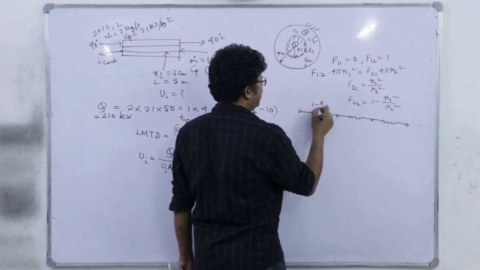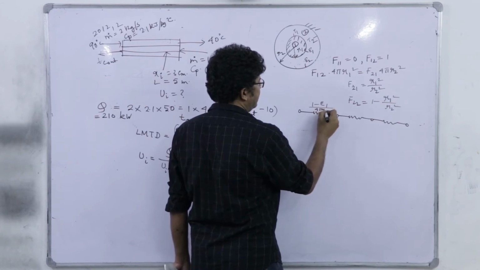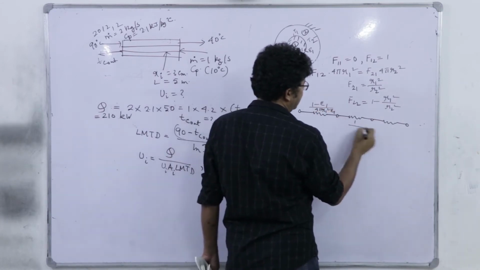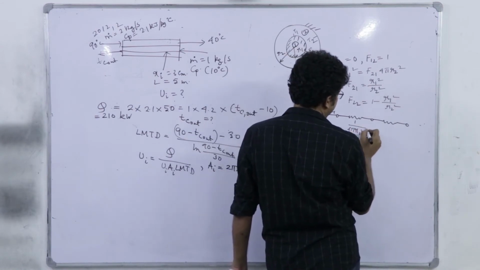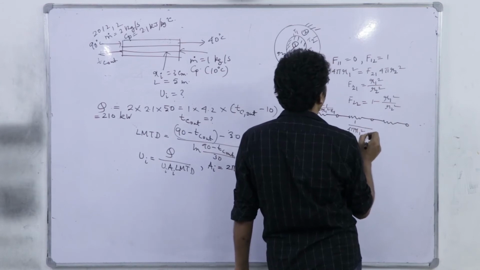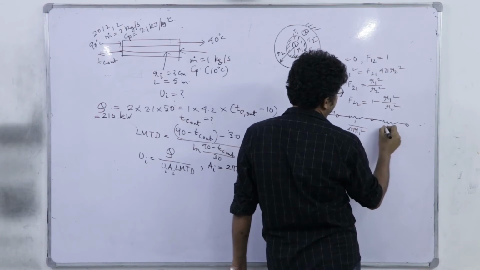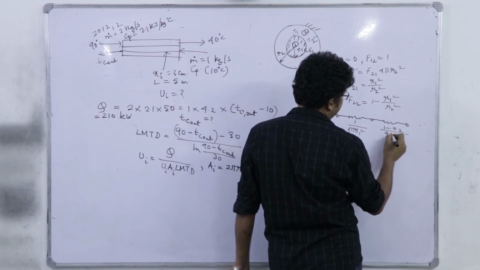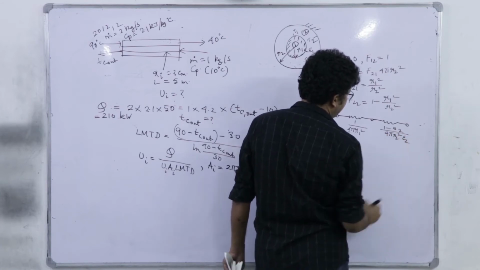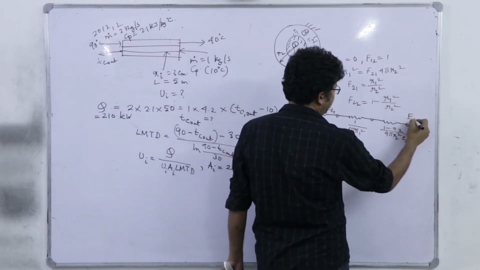Here it is (1 minus epsilon 1) by epsilon 1 A1, which is 4 pi R1 square into epsilon 1. Here it is 1 divided by A1 F12, that is 4 pi R1 square into F12, and F12 is 1. And here it is (1 minus epsilon 2) by 4 pi R2 square into epsilon 2, between the potentials EB1 and EB2.